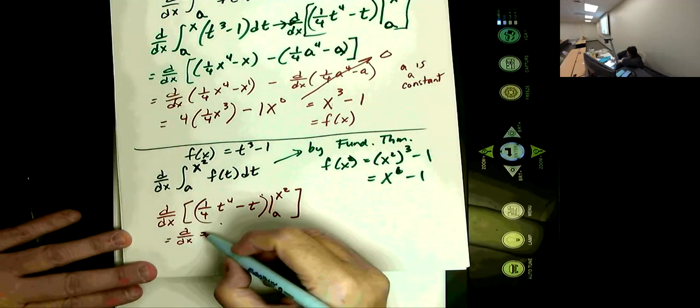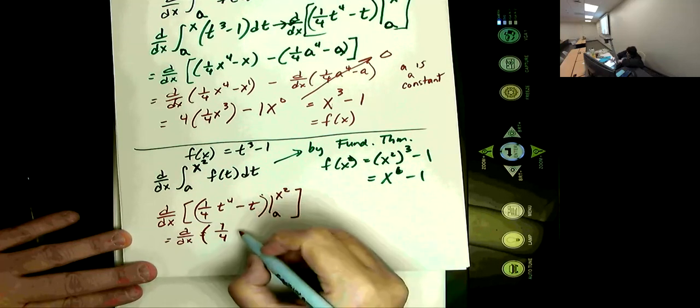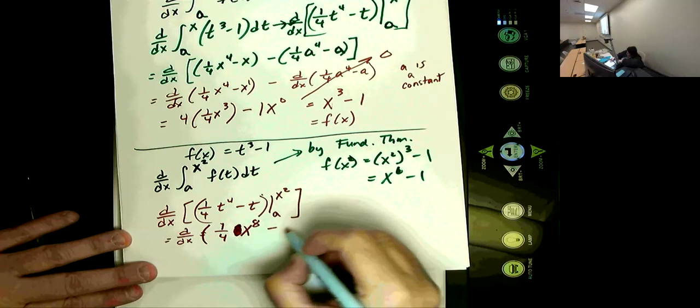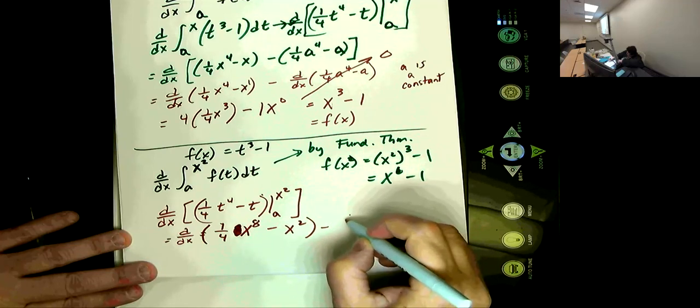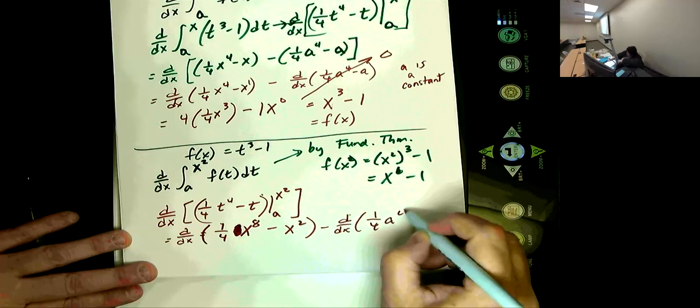This is the derivative of 1/4 x squared to the 4th power, which is x to the 8th power, and then t is x squared. Then we have minus the 1/4 a to the 4th minus a.